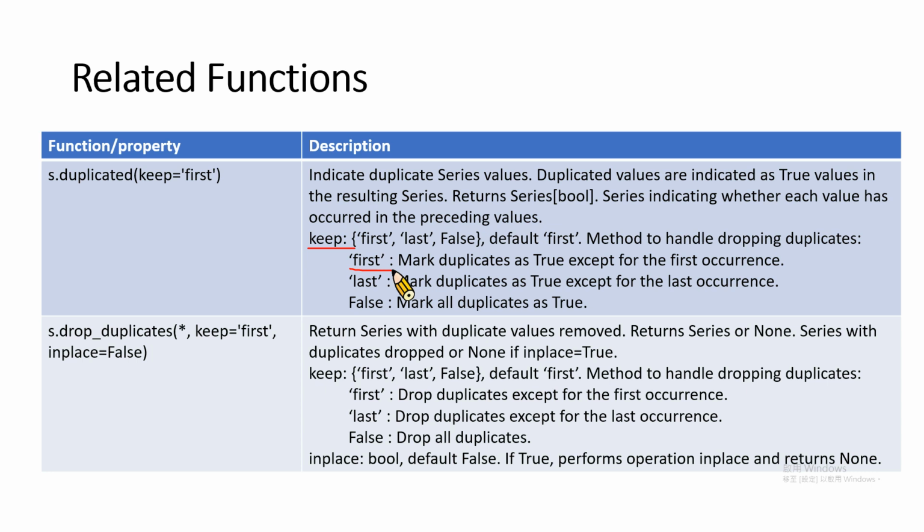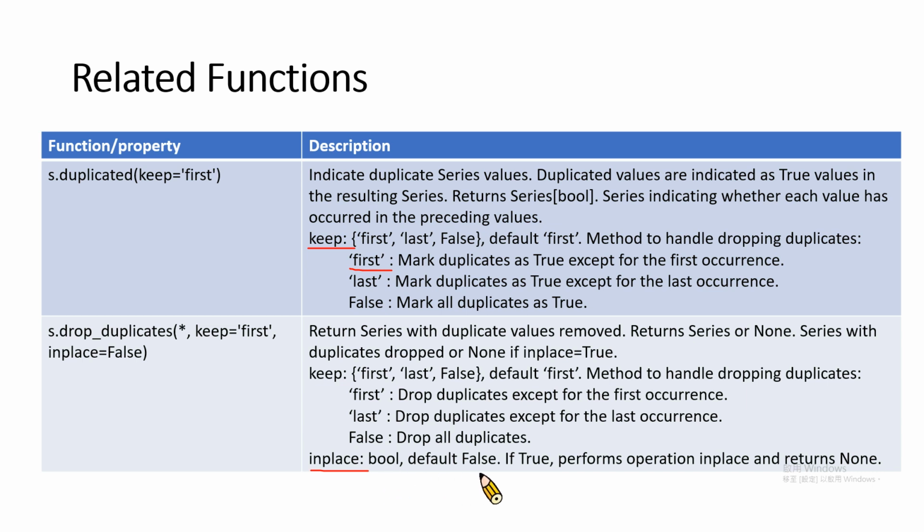So duplicated just marks the duplicate values, and drop_duplicates will drop these duplicate values, and it will return the series after the duplicate values are removed. And there are some parameters like inplace. Inplace is a Boolean parameter.